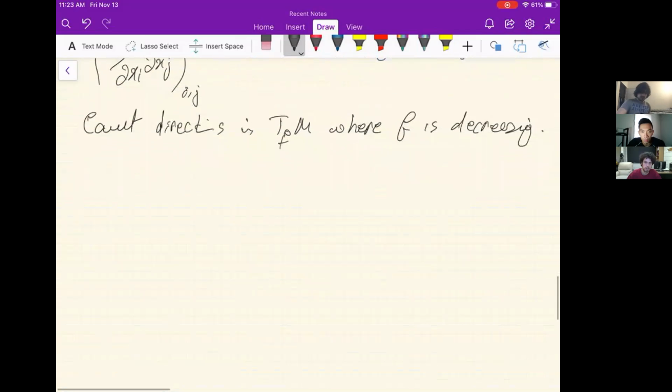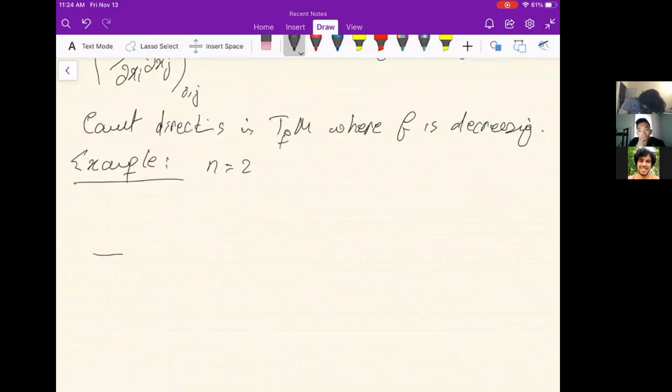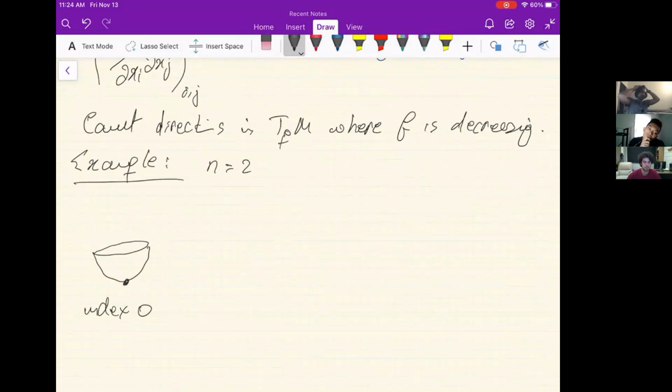Okay. So let me clarify this by giving an example in dimension 2, which is basically the only dimension that I will work with. So this critical point has index 0. Obviously, if you believe the geometric characterization, at this point you have no direction where f is decreasing. Here, my Morse function is actually the height function.